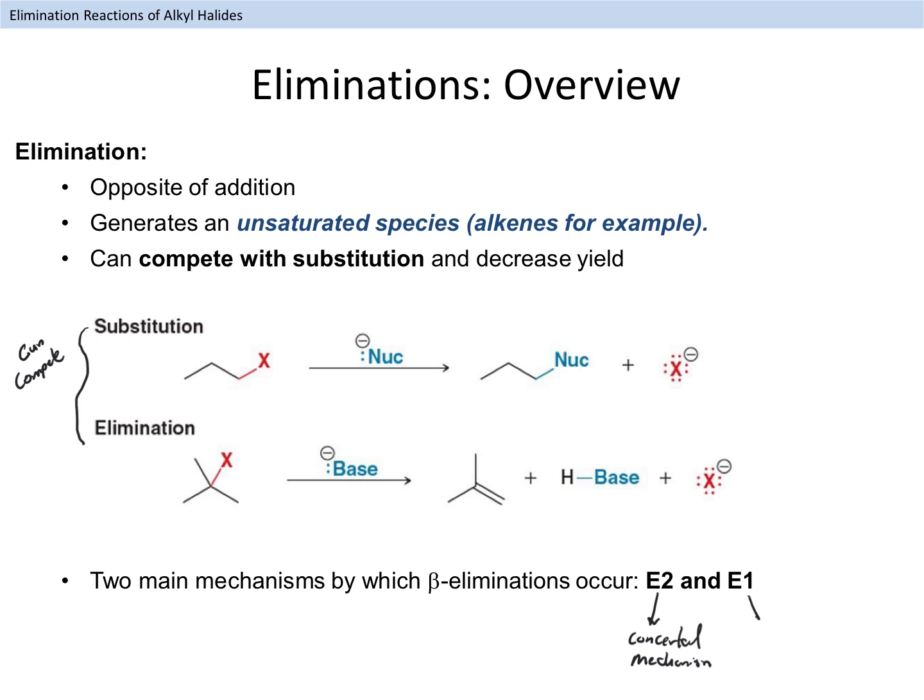E1, or unimolecular elimination, involves a two-step process where the leaving group departs first, forming a carbocation intermediate, followed by the removal of a proton. We need to learn about both mechanisms in order to understand how elimination reactions occur. We will start with E2 eliminations on the next slide. After that, we will look at the E1 mechanism.